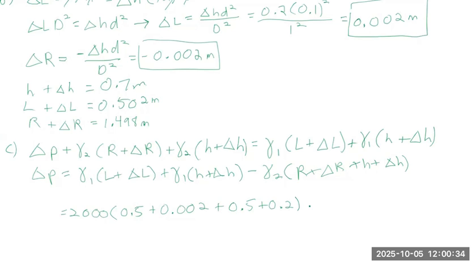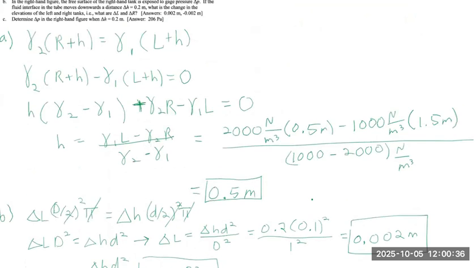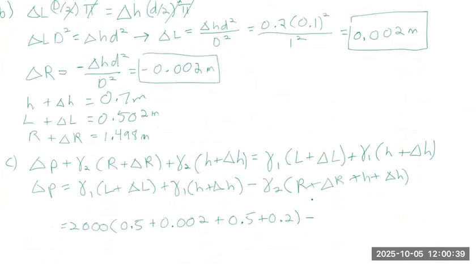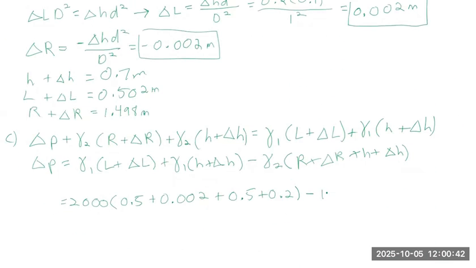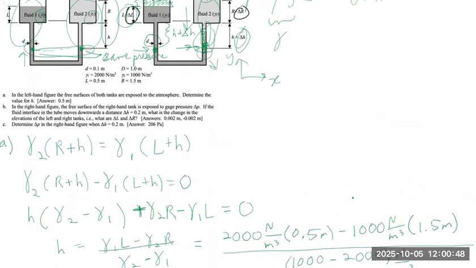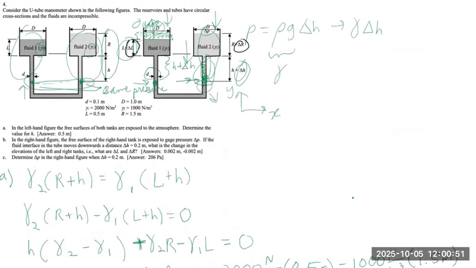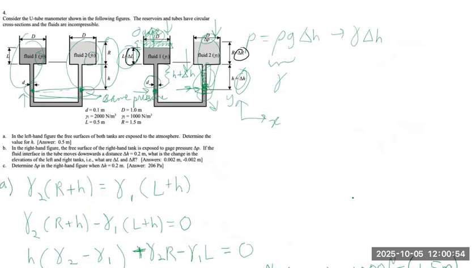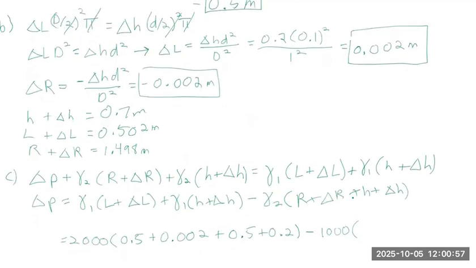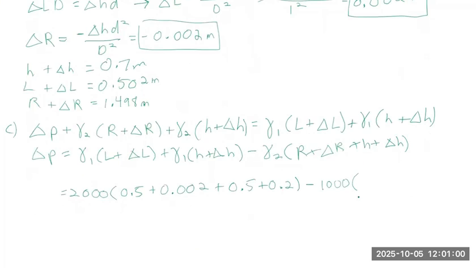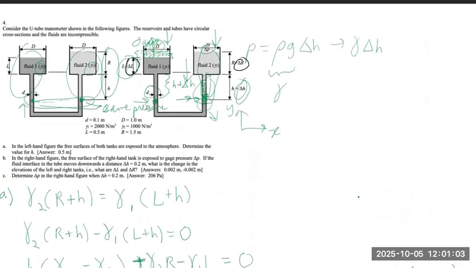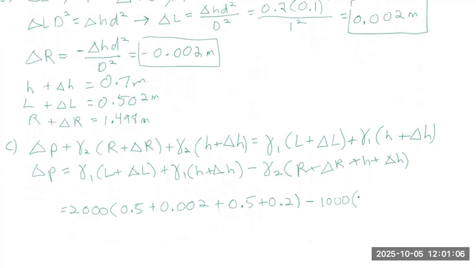And minus gamma 2, which is 1000, times R plus delta R, which is 1.498, plus 0.7.